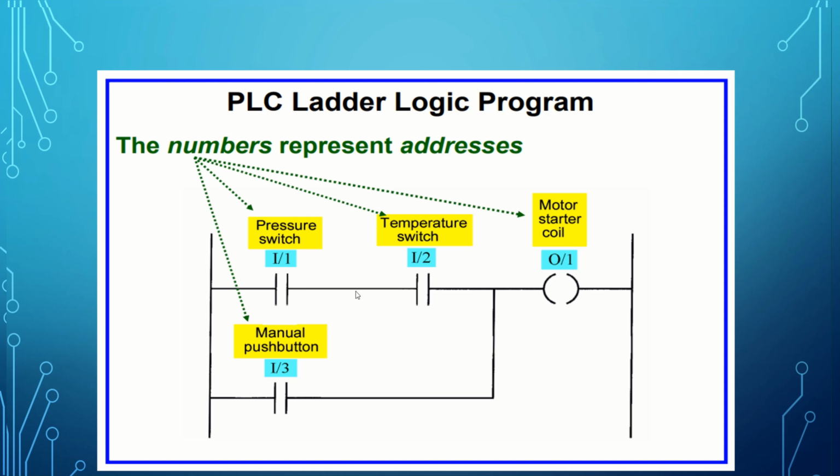They are all input devices connected to the input modules, and the O or output 1 or the coil or the triac in the PLC. So this blue colored are the addresses which are very important in ladder programming.